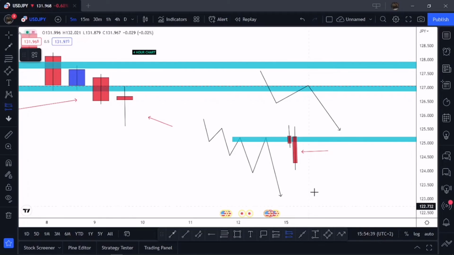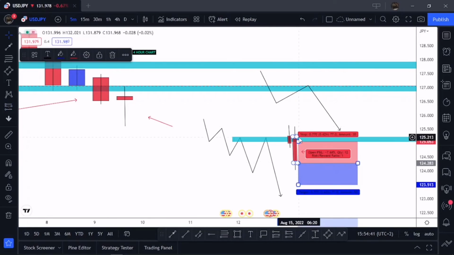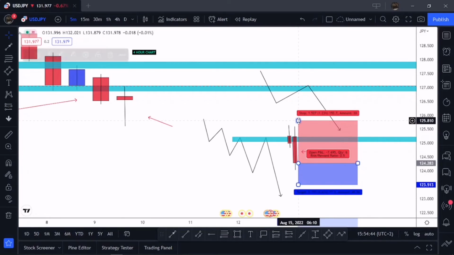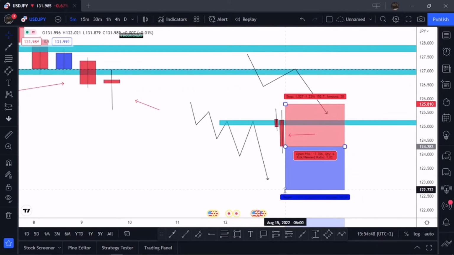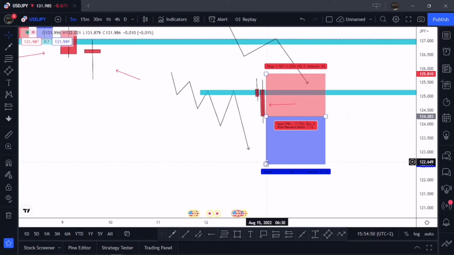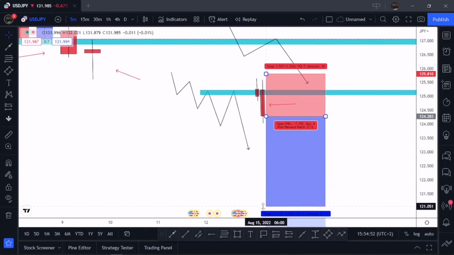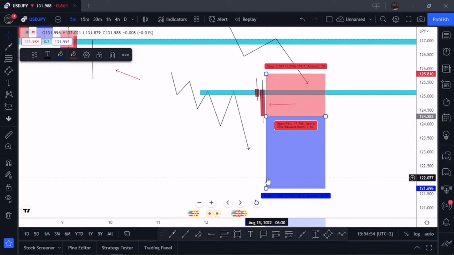So I'm comfortable taking the trade and putting my stop loss just above the wick, and then going for your target, starting from 1:1 all the way to 1:3 or 1:2, depending on how you're feeling, how you want to take or hold the trade.